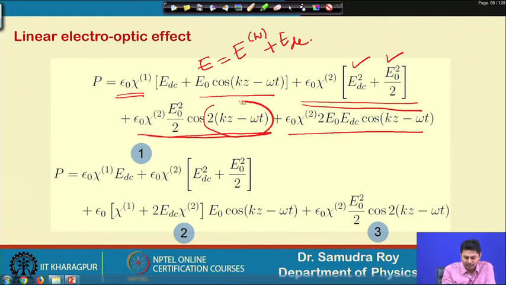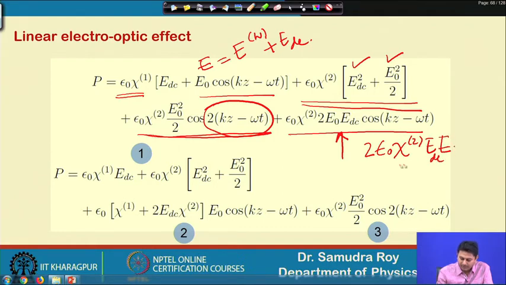If you see carefully, the frequency term is 2 omega, which naturally comes because we are making the square, E square. And finally, as I mentioned, we have a coupling term E0 cos(kz minus omega t) multiplied by E_DC. So, if I write this term, one can write E0 epsilon 0 chi 2 E_DC multiplied by E. So, this is a term which is going to have some effect.